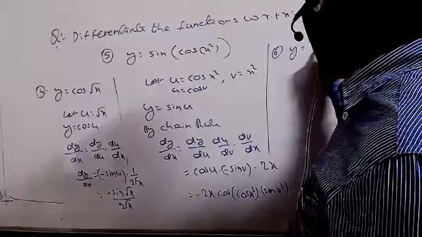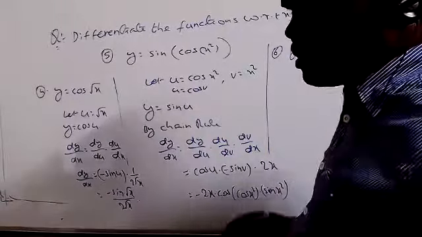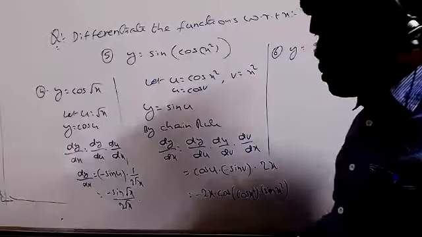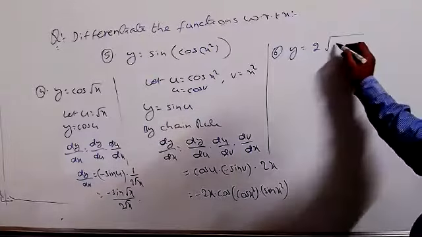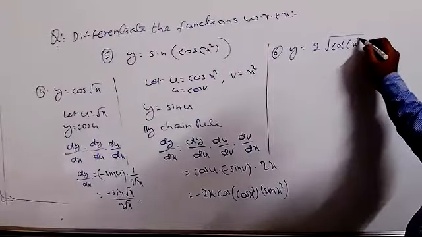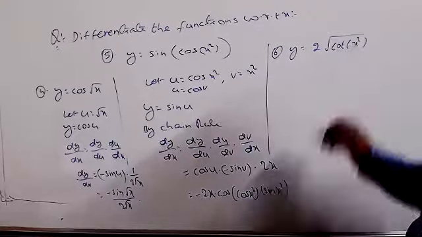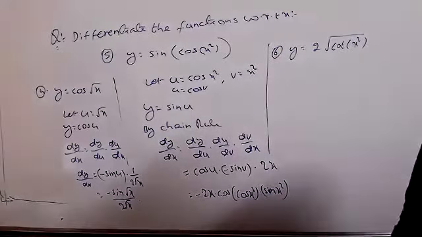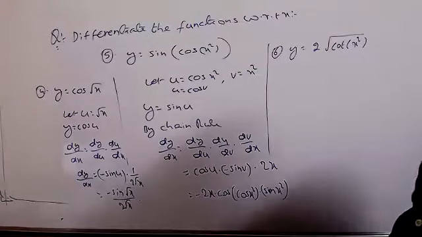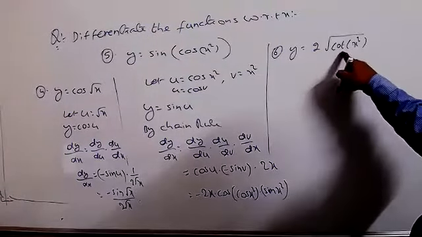y equal to 2 into root of cot x square. I think we did this problem previously. It's correct, but you can find the same question by using the chain rule. Here also we will again take two functions.